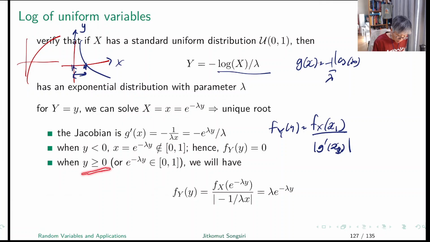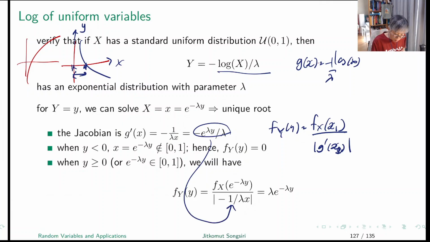When y is non-negative, that means your root lies in 0 and 1, so we evaluate at x1, which is e to the minus lambda y, and the magnitude of the Jacobian is this, which you just plug in.